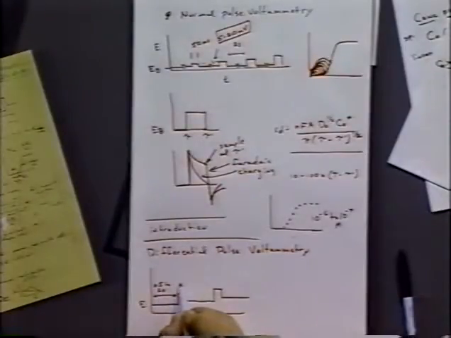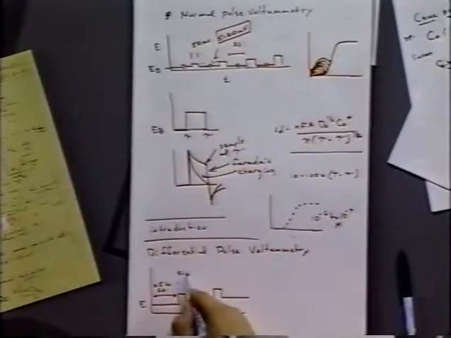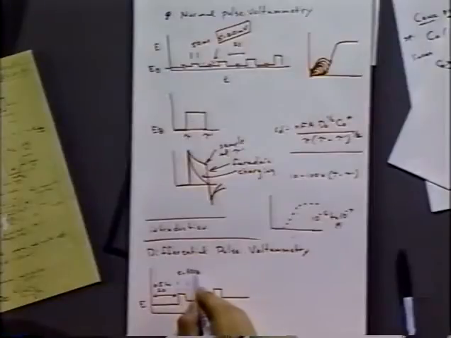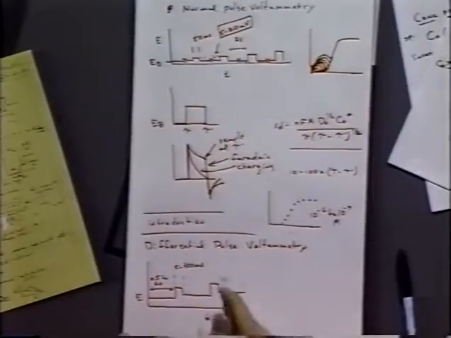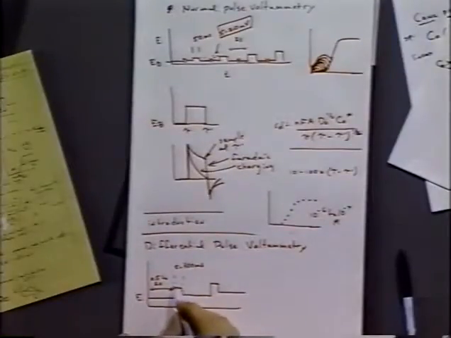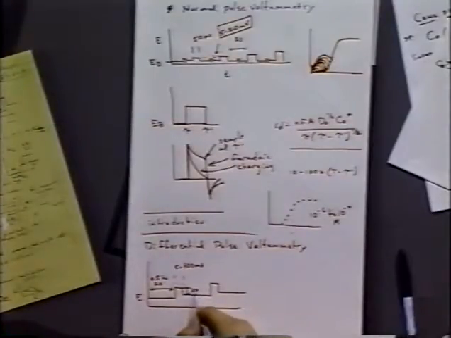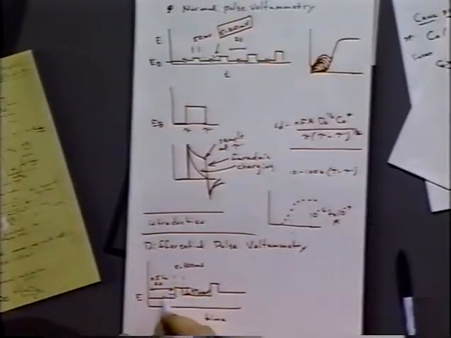This again would be a short time, 5 to 100 milliseconds would be a typical amount of time. And this step up and back would be 20 to 100 millivolts, or 10 to 100 millivolts up on the baseline.